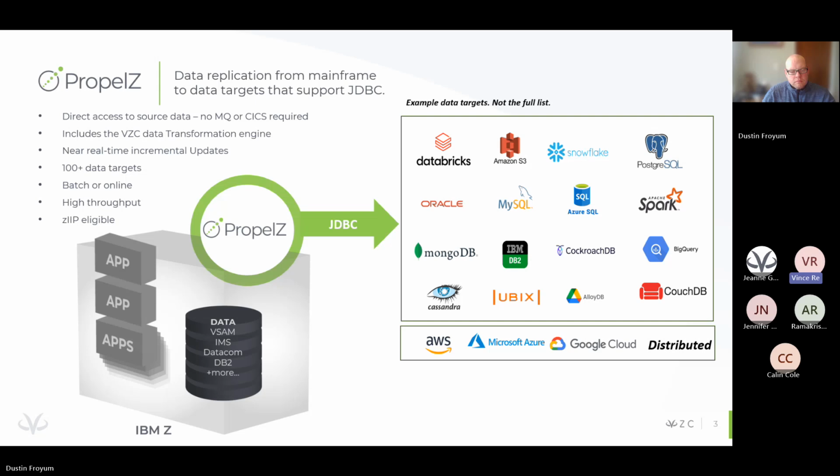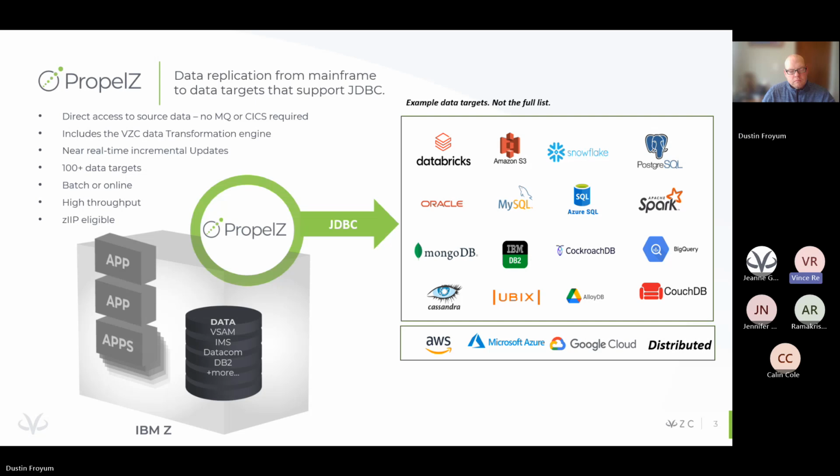And armed with that, PropelZ doesn't just read that VSAM file record by record. It can understand at a column level. It can understand how to break that record apart into its constituent columns. So let's say you're going to take that data into a database, the target database would have all the rows and columns normalized down in the way that you want.